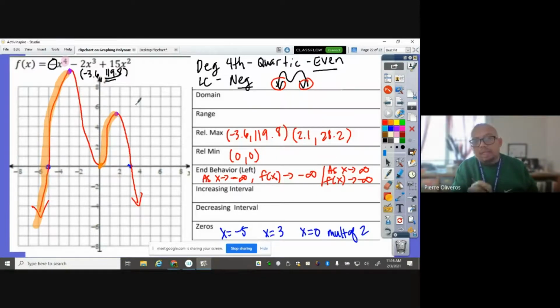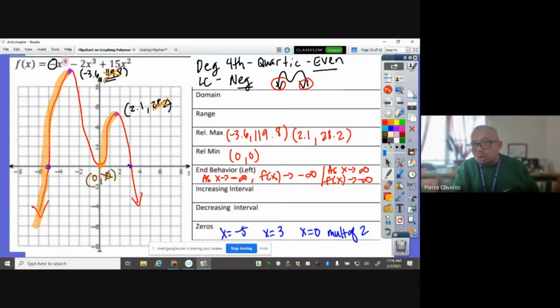We don't. In reading the intervals, we only look at the x value. So I'm going to cross it out so you don't look at it. On the other relative max, it's 2.1, 28.2, and I'm going to cross that out too. And in our relative minimum, which is 0, 0, I'm not going to look at that 0.